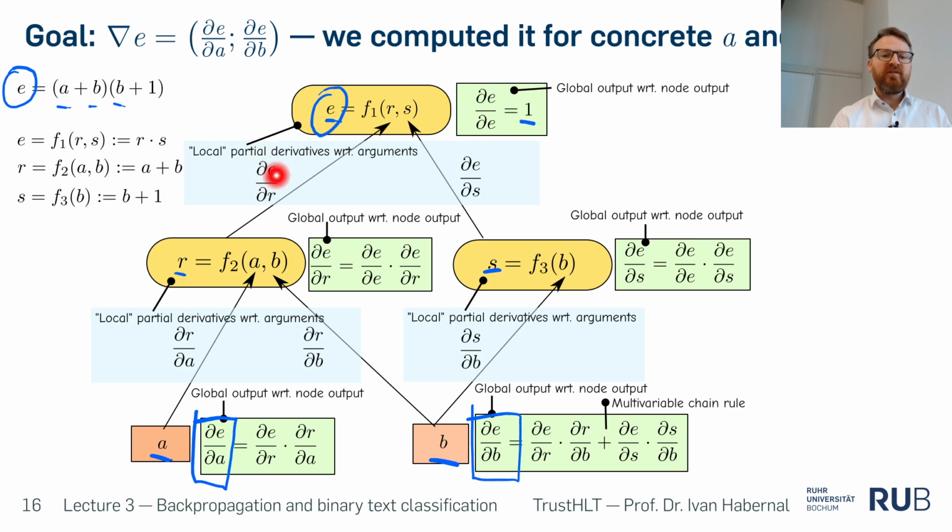We know how to compute this partial derivative, because the partial derivative of R with respect to S is S. We have the value of S here, we computed it, so we can plug it in. So this is a number, which means this will be a number too. We can multiply 1 by S to get this. Okay, nice. And this was 1, so now we can compute this number times 1 to get some number here.